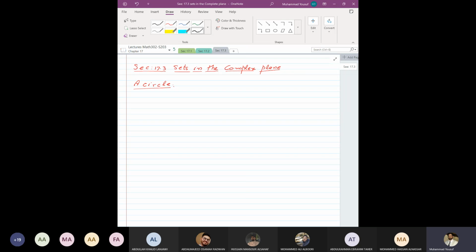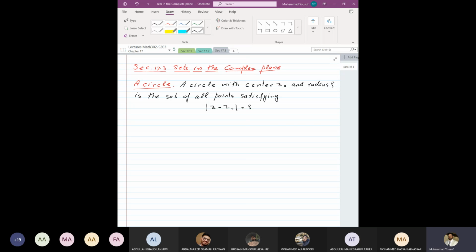A circle in a complex plane with center Z0 and radius rho is the set of all points satisfying Z minus Z0 equal to rho.